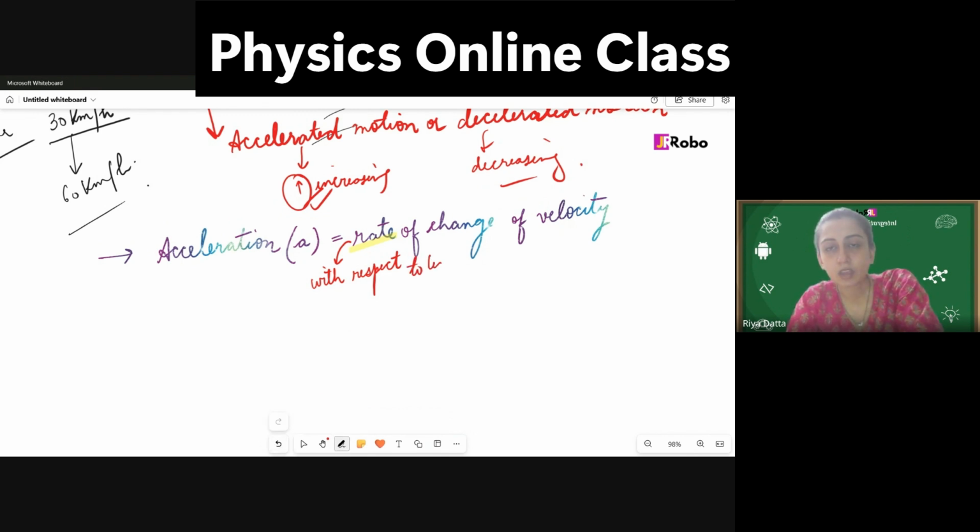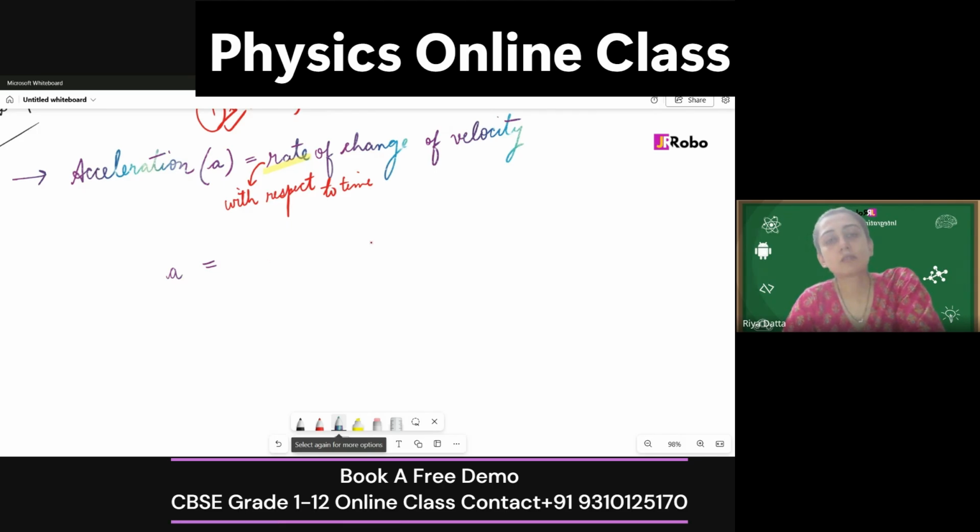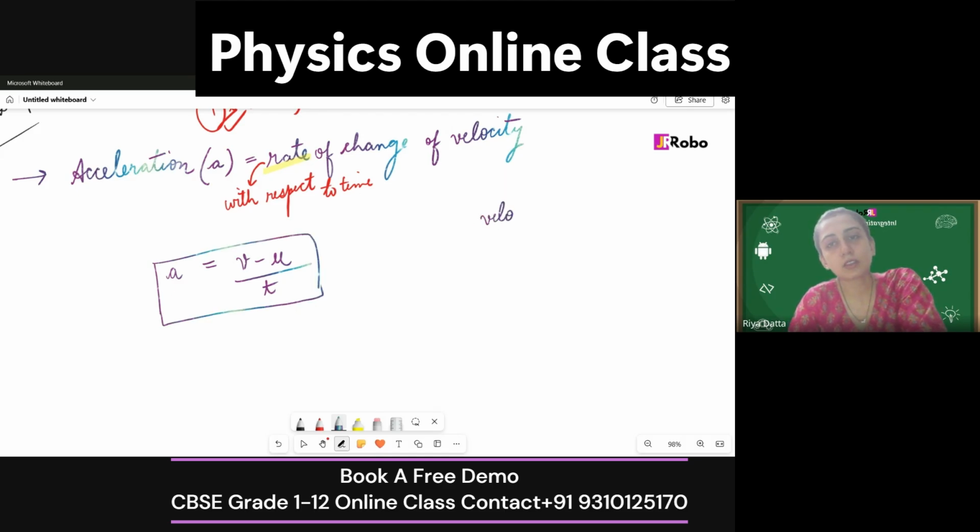So if I have to give the formula for acceleration, small a is equal to the change of velocity over time. First of all, I'm writing the formula, then I'll explain. This is the formula. I told you velocity is represented as small v, but there is a small modification.